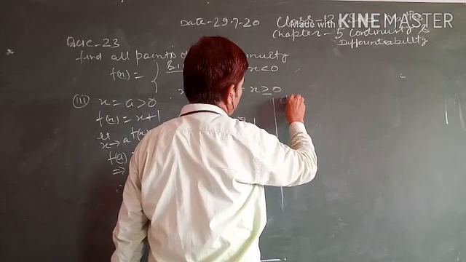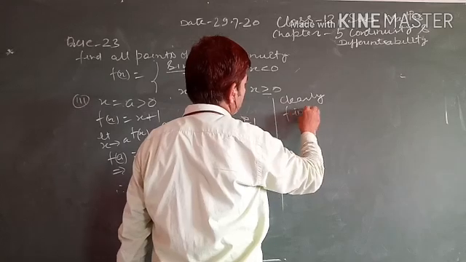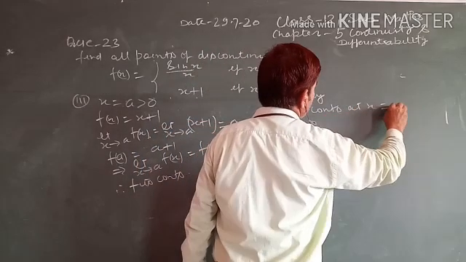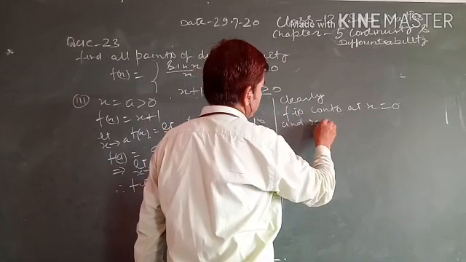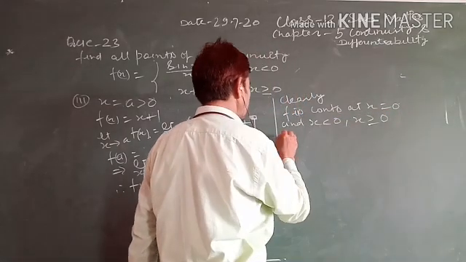Clearly, f is continuous at x equal to 0 and x less than 0, x greater than or equal to 0.